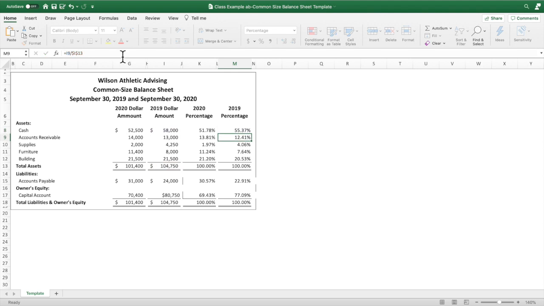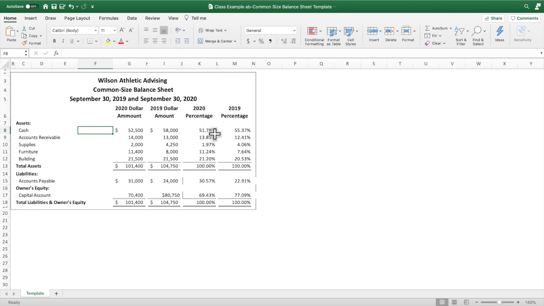Now I should have it right. And we see that cash during 2019 accounted for 55.37% of Wilson Athletic Advising total assets. Now you go through and put those formulas in here, and you get the percentage difference between 2020 and 2019 from the base figure of total assets.